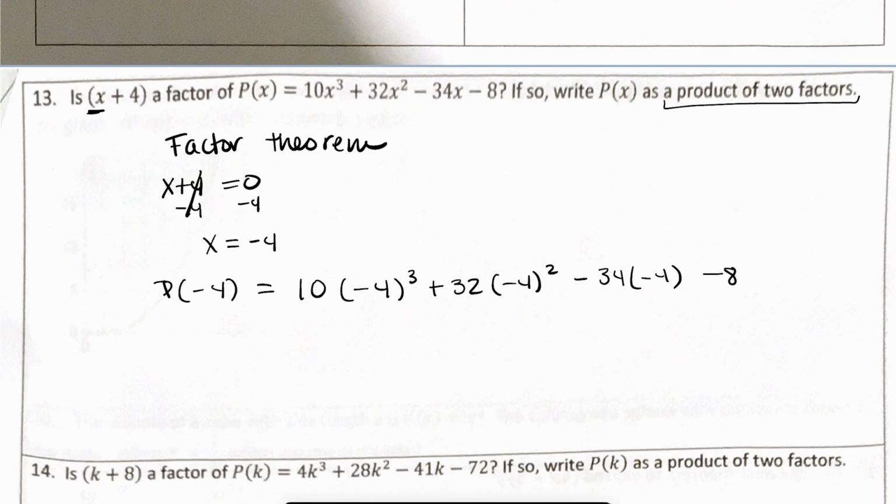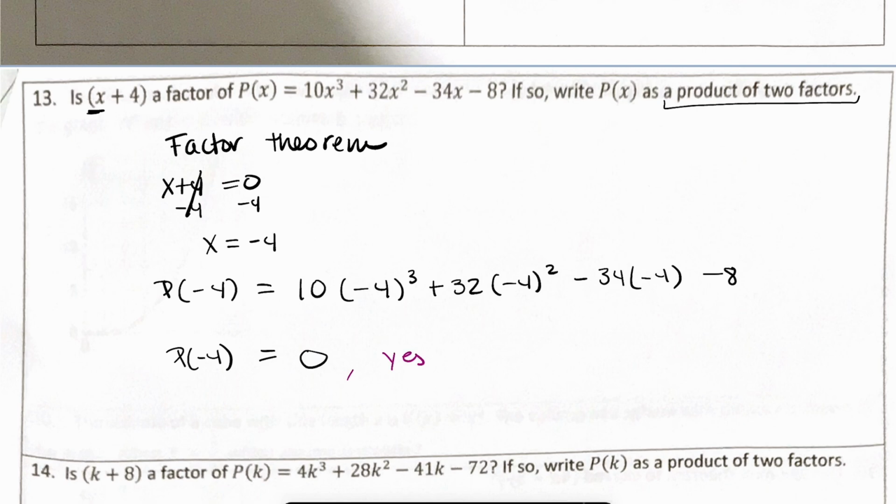Again, I tell you guys that whenever you plug in something, always put parentheses around it. So then you use a calculator, and in the end you will get that p of negative 4 is equal to 0.